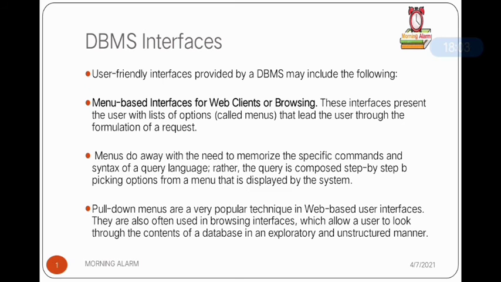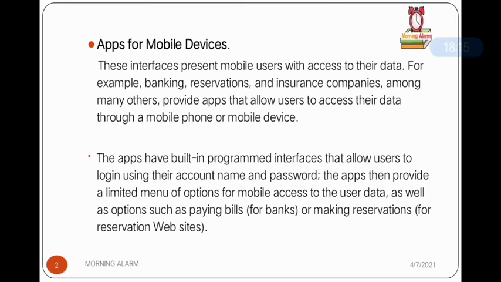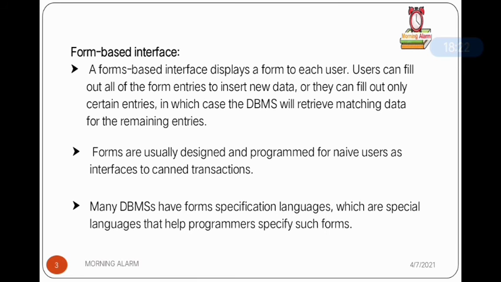These are the different interfaces provided by the DBMS for the database users. In this video we have discussed the different interfaces provided by the DBMS for the users. One is the menu based interface for web clients or browsers, which uses menus, and another is apps for mobile devices, which provide an interface to the users in the form of apps.